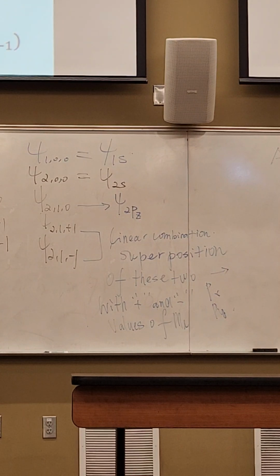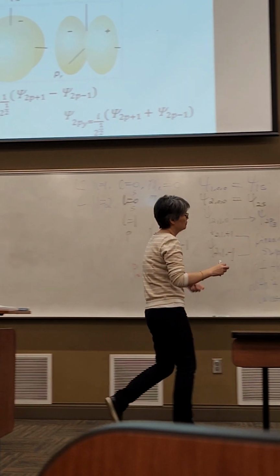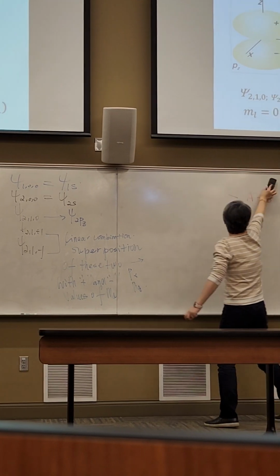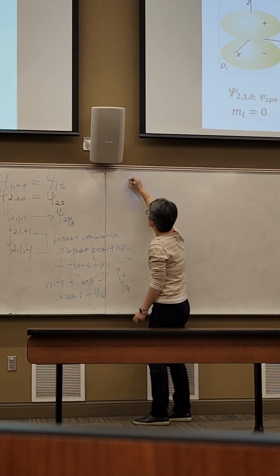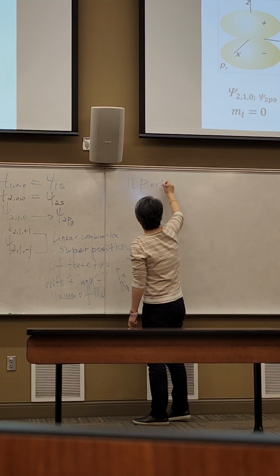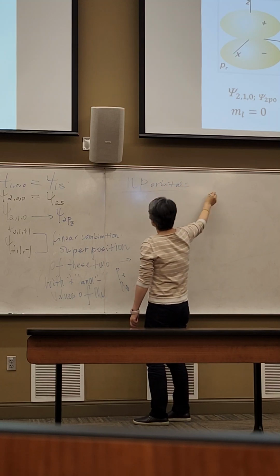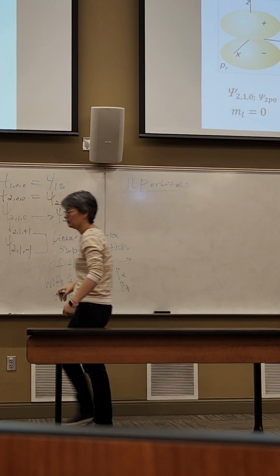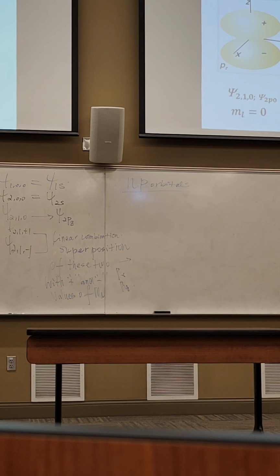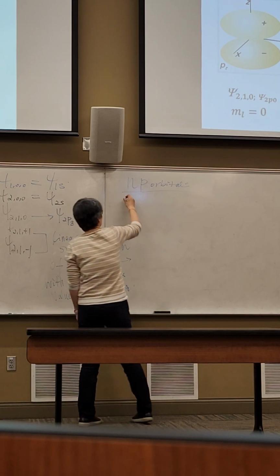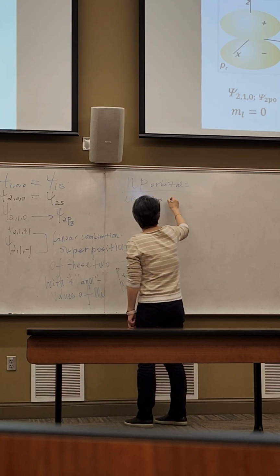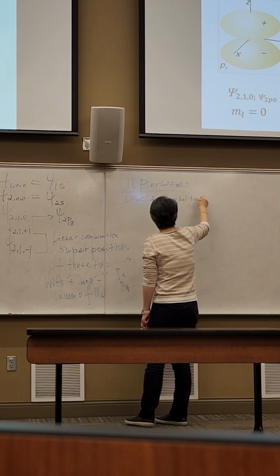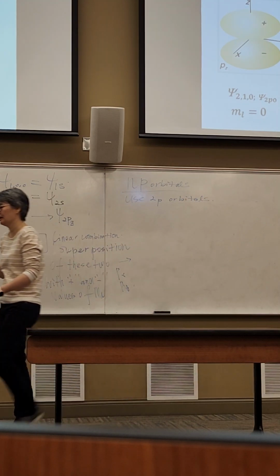Okay, here we go. Now we will use p, you also can have np orbitals. So you can have 2p, 3p, 4p, 5p, whatever you would like, and to make a point, we will use 2p orbitals as an example and show you why the shape is like this.